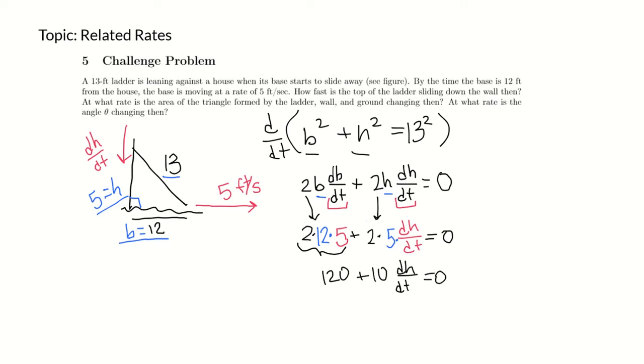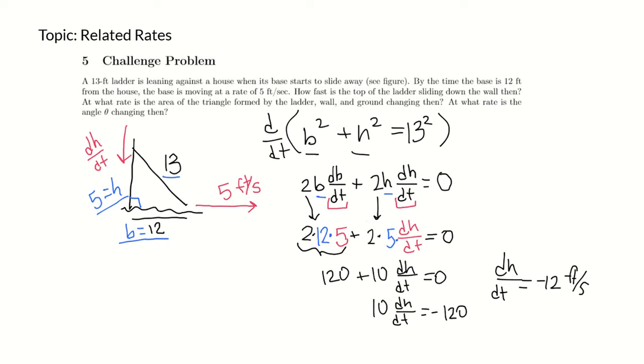Subtract 120 from both sides. We get 10 dH dt equals negative 120. Divide by 10 and we get dH dt equals negative 12 feet per second.